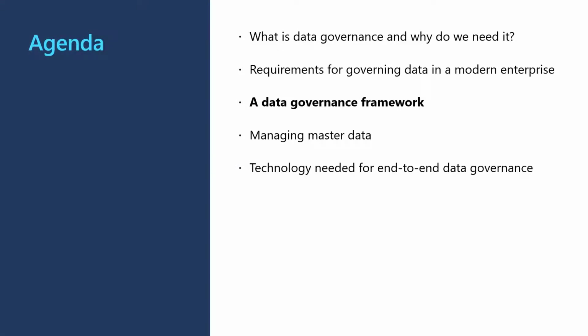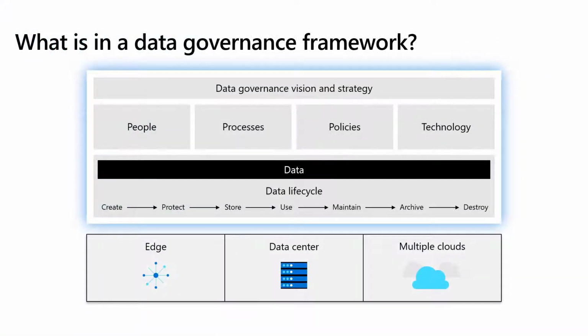So we started with asking the question of what data governance is and why we need it. We looked at the requirements for governing data in a modern enterprise, and now let's look at a data governance framework. Borrowing upon our definition of data governance and taking into consideration the requirements for data governance, we've recognized that effective data governance requires the right people in place to establish, coordinate, and enforce our governance processes and policies, beginning with the vision and the strategy.